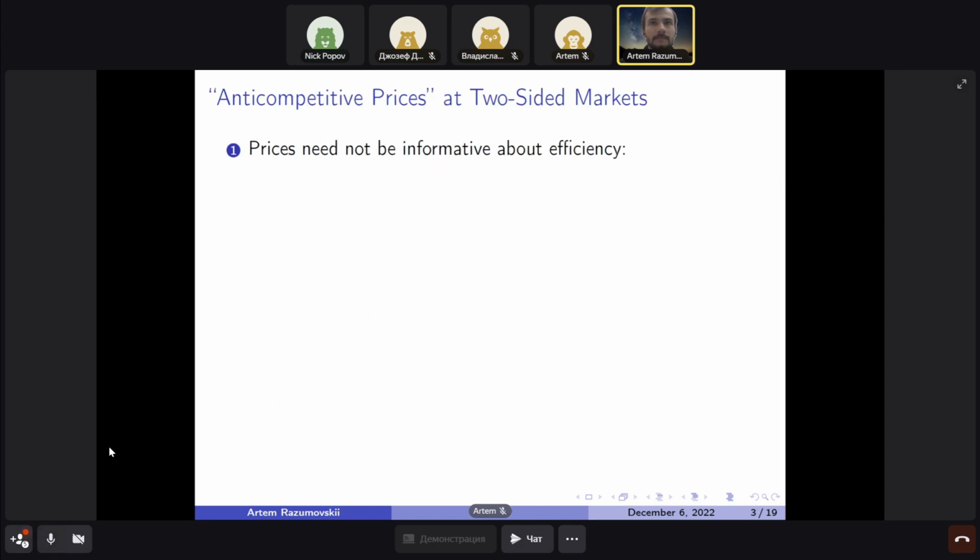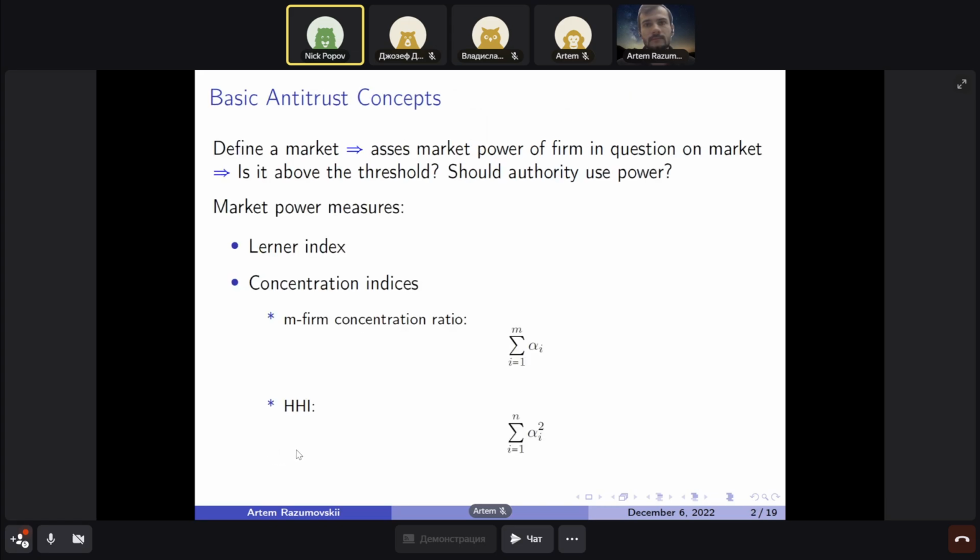I have a question about the slide. Alpha here is the share of the market of firm i. You should be familiar with these indexes, no? Yes, I guess. So if you have a lot of firms, alpha for each firm is low, so the index is low, right?